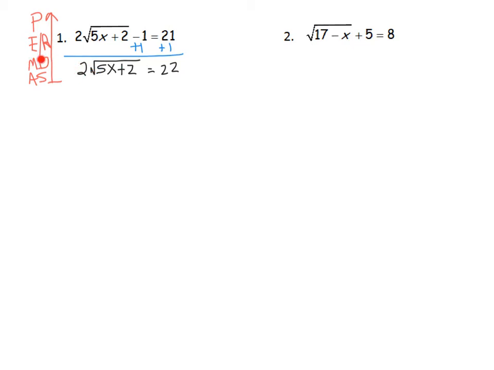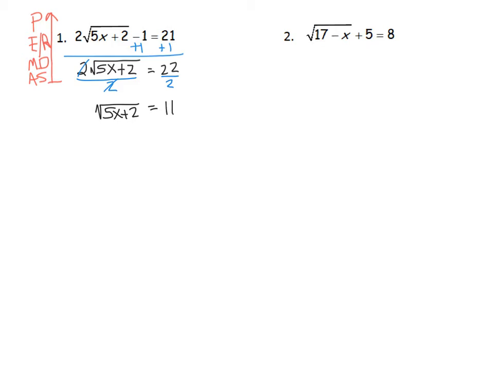So now we multiply or divide. We need to get rid of this 2, so we're going to divide this side of the equation by 2, and therefore we need to divide the other side by 2 as well. Those will cancel. We're left with the square root of 5x plus 2 equals 22 divided by 2, which is 11.